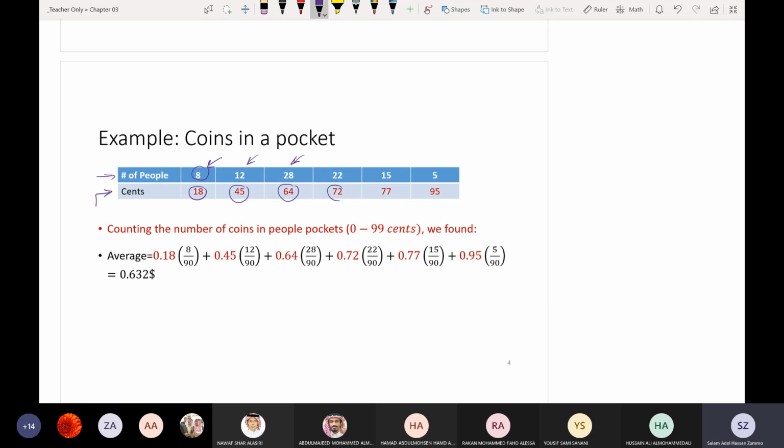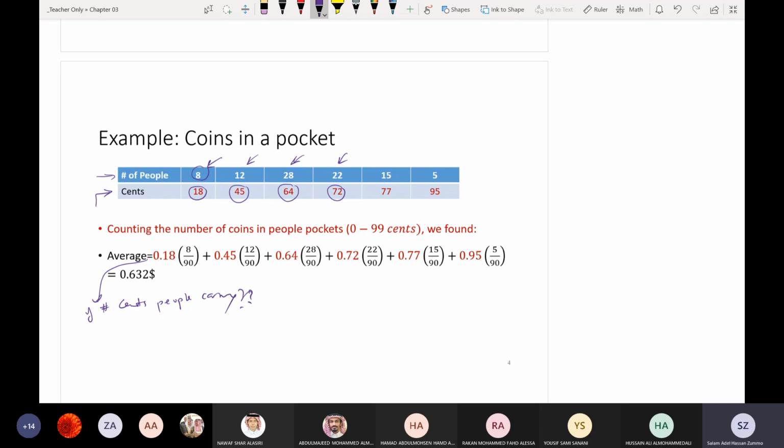The number of people carrying 72 is 22 people, and so on. Okay? Now, how do I calculate the average number of cents people carry? The average of what? The average of the number of cents people carry. How do I do that?